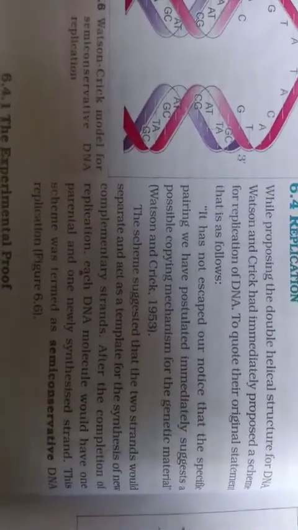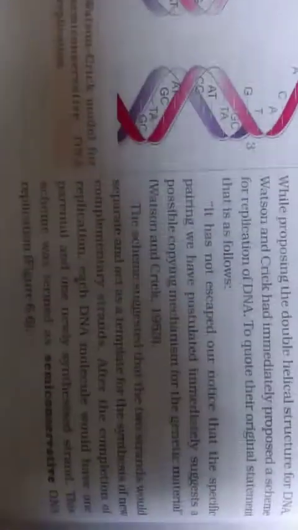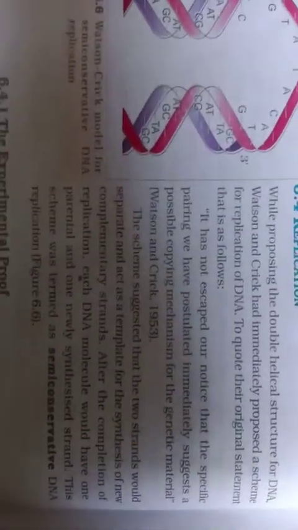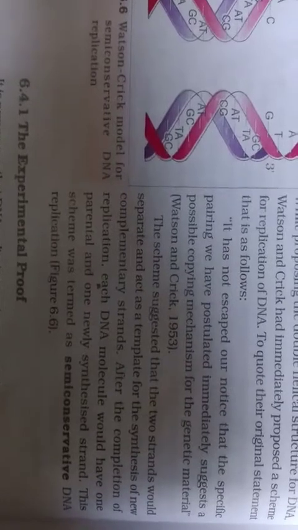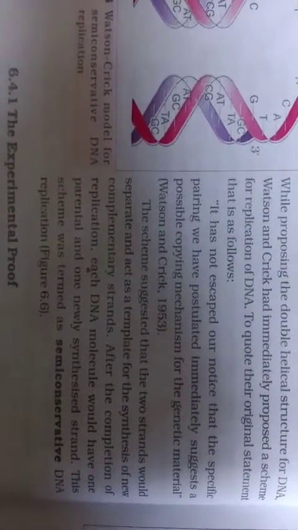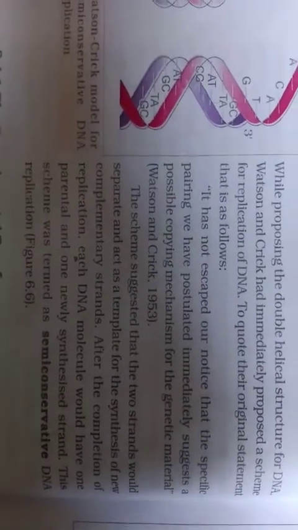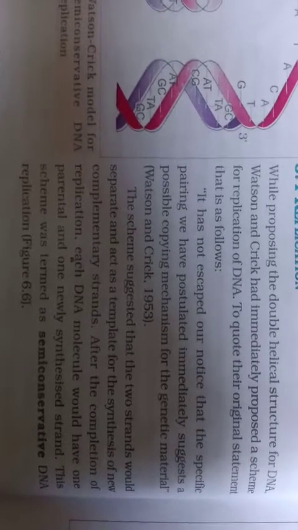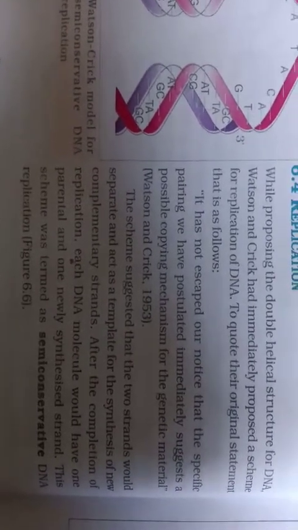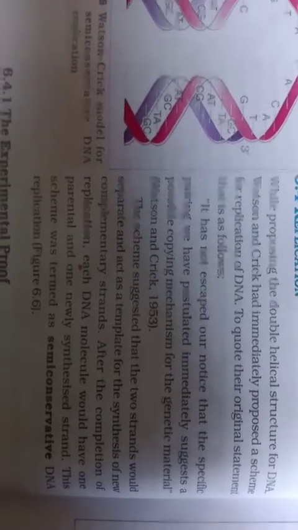To quote their original statement from 1953: "It has not escaped our notice that the specific pairing we have postulated immediately suggests a possible copying mechanism for the genetic material."